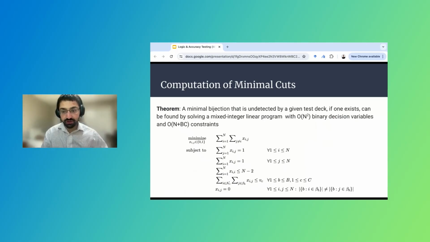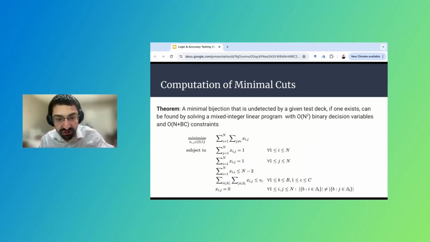And so, zooming back out, at every iteration, we solve some other problem to find a test deck that's feasible on our subset of the bijections. We then solve this really small scale mixed integer linear program to find a bijection that would go undetected by the current test deck, if one exists.